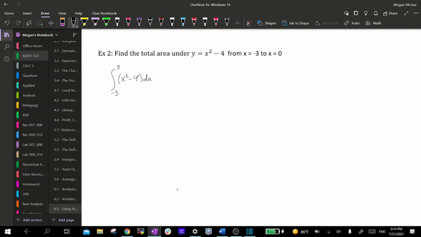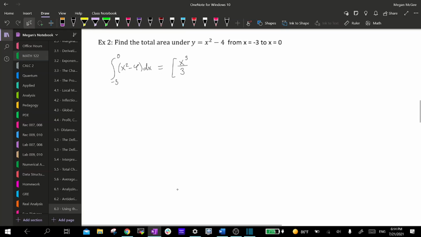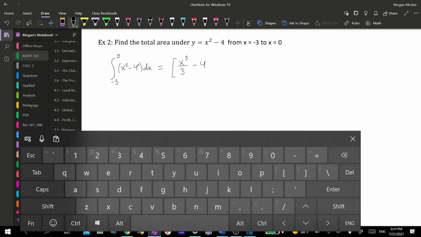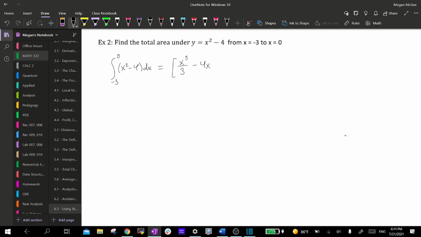All right, so let's go ahead and calculate the antiderivative. So we have x cubed over 3 minus 4x, both just power rule and then constant rule here, evaluated from -3 up to 0.